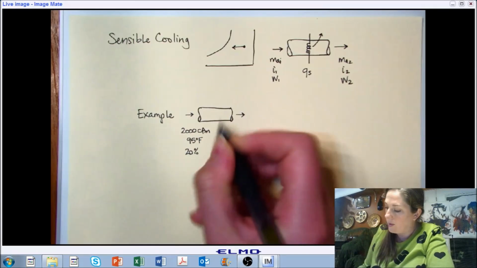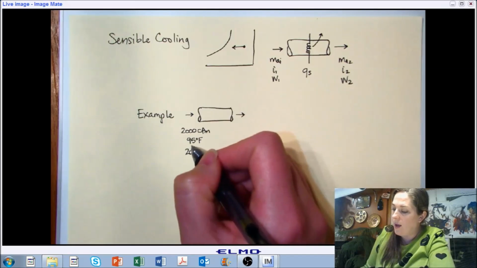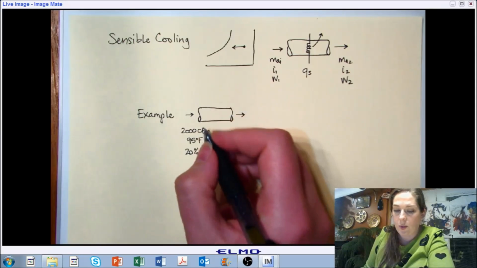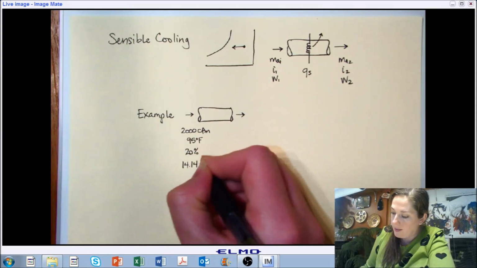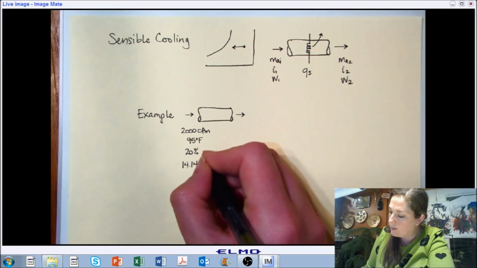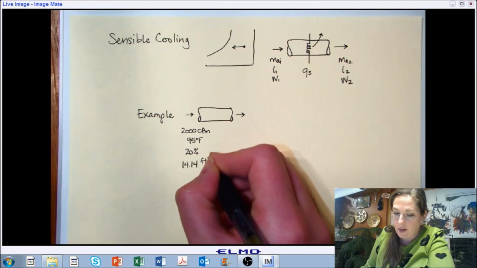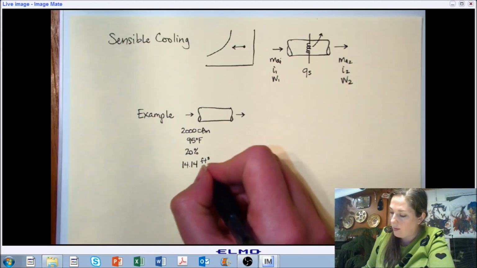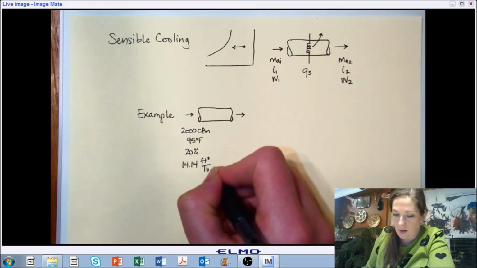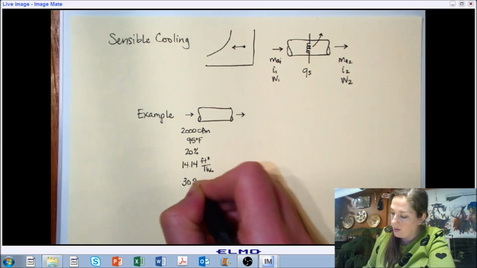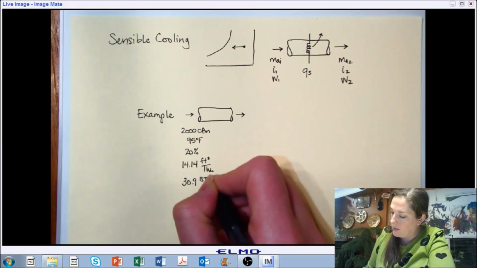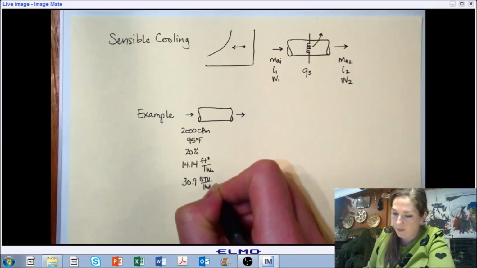In this case, we're going to have 2,000 CFM of air at 95 degrees Fahrenheit and 20% relative humidity as our starting point. If we want, we can look it up and see that the volume of our air is 14.14 cubic feet per pound of dry air. And the enthalpy of that is 30.9 BTUs per pound of dry air.